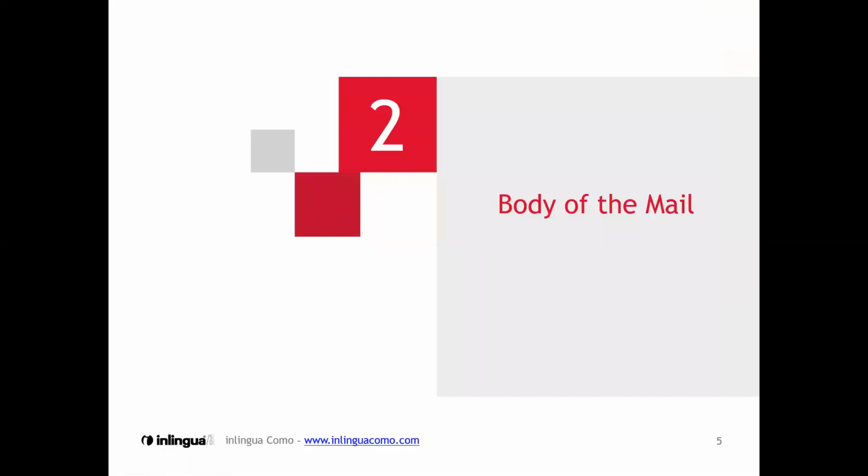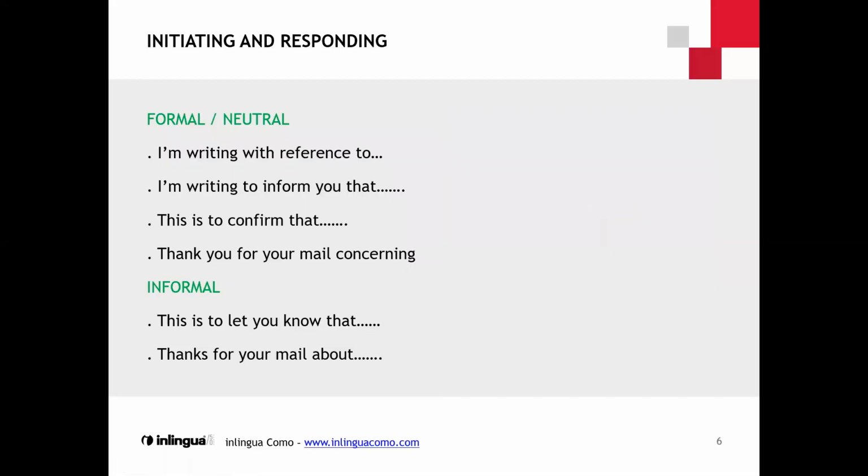Let's now pass on to the body of the mail. Here also, there are different ways of initiating and responding to an email. So we have the difference between formal or neutral and informal. Let's start with the formal and neutral. You can begin by saying, I'm writing with reference to, I'm writing to inform you that, this is to confirm that, and thank you for your mail concerning.